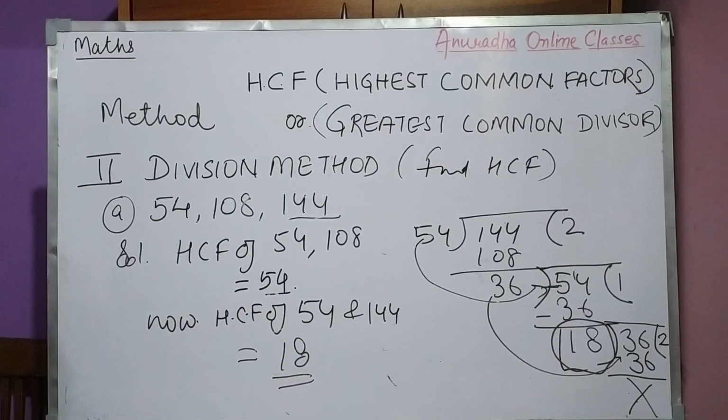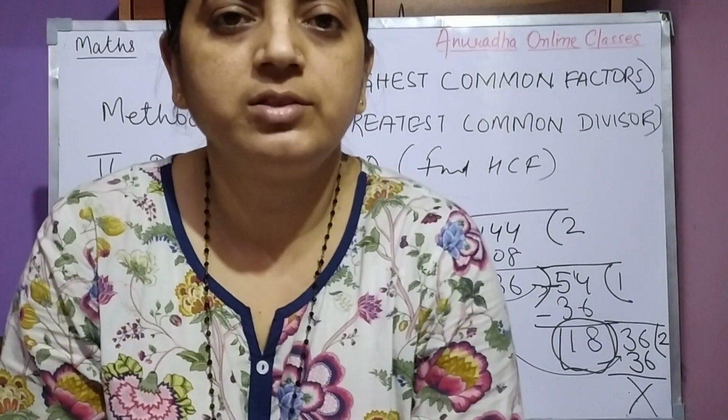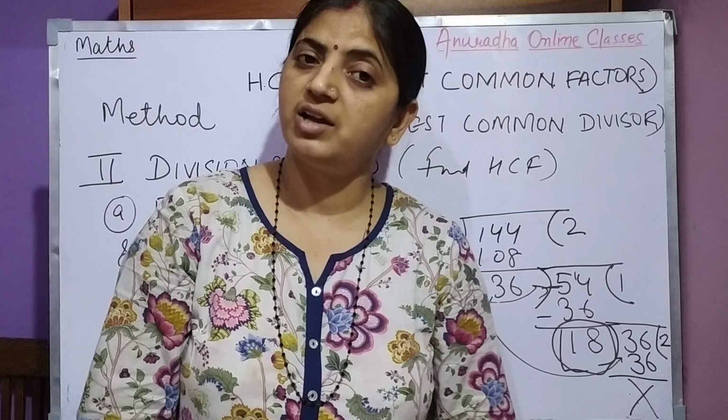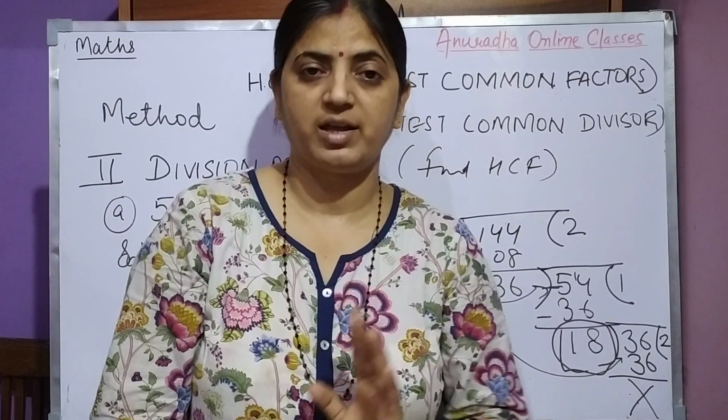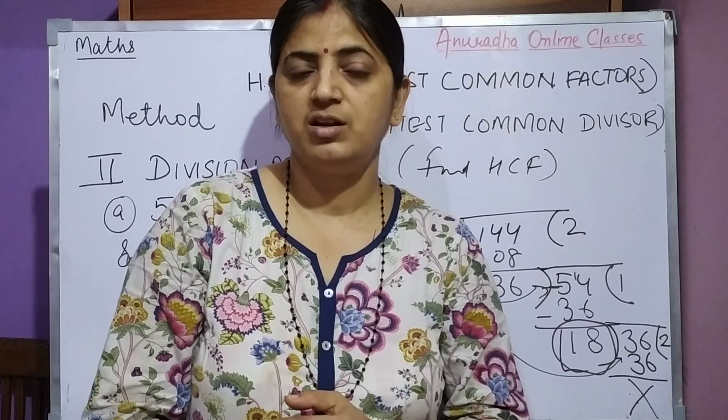Okay. Now, these are the two methods of HCF. HCF can be found by using these two methods. First is prime factorization, second is the division method.